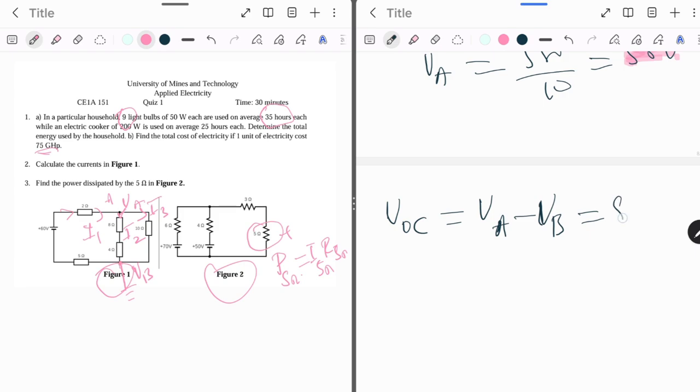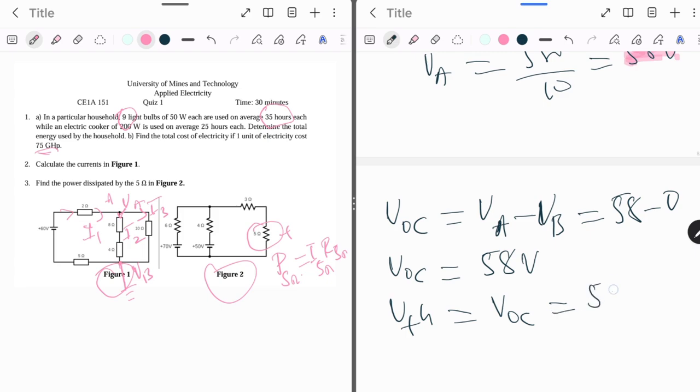So you can see here is 58, minus VB, which is 0, so the open loop voltage is going to be equal to 58 volts. And then we know VTH, the Thevenin's voltage, is going to be what? VOC, which is also 58 volts. So we've gotten the Thevenin's voltage to be 58 volts.